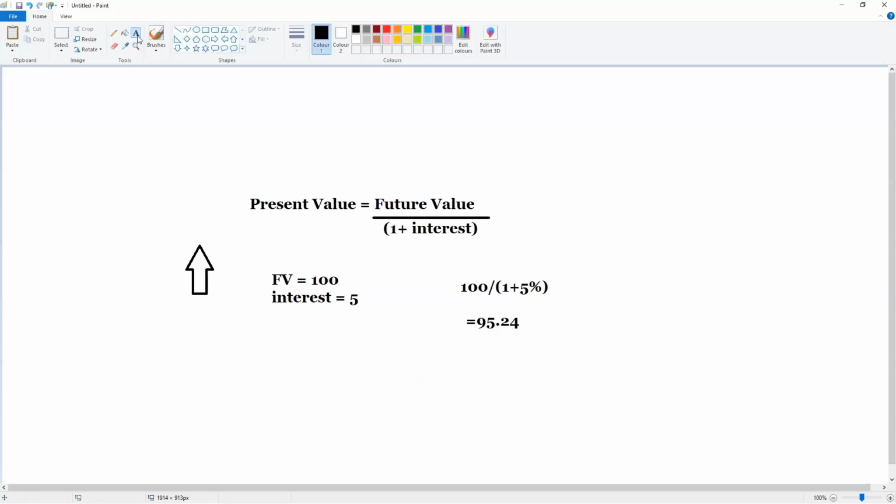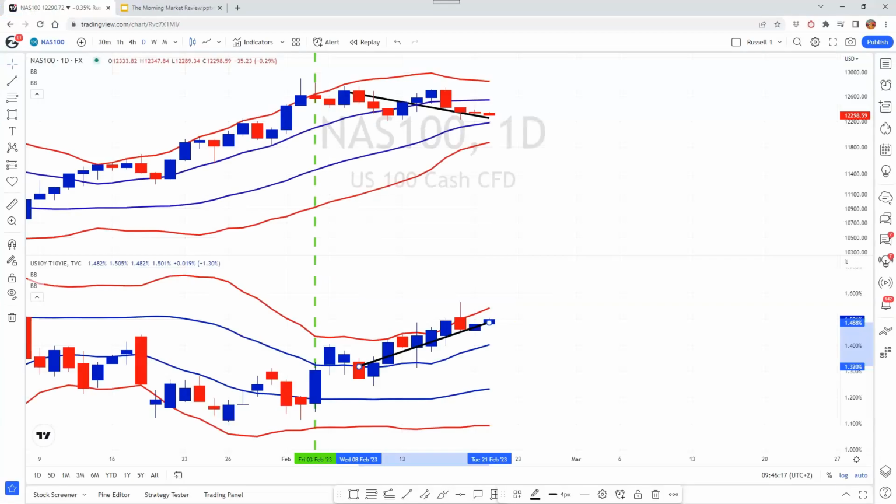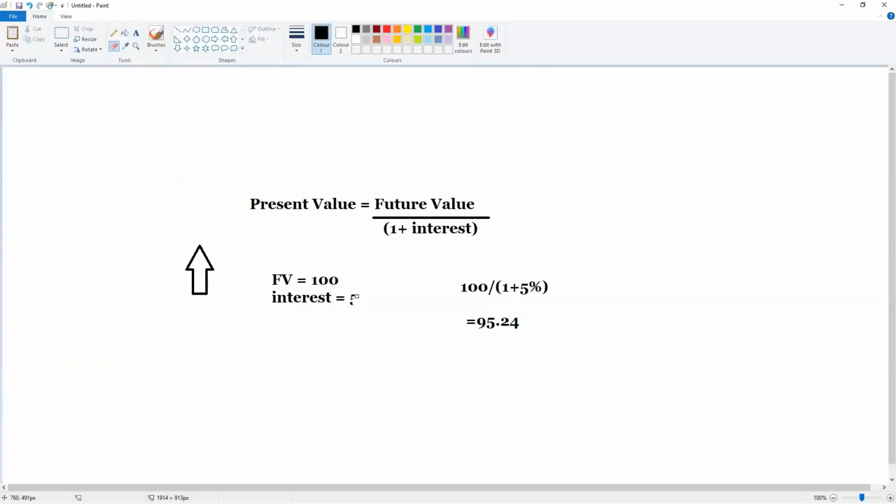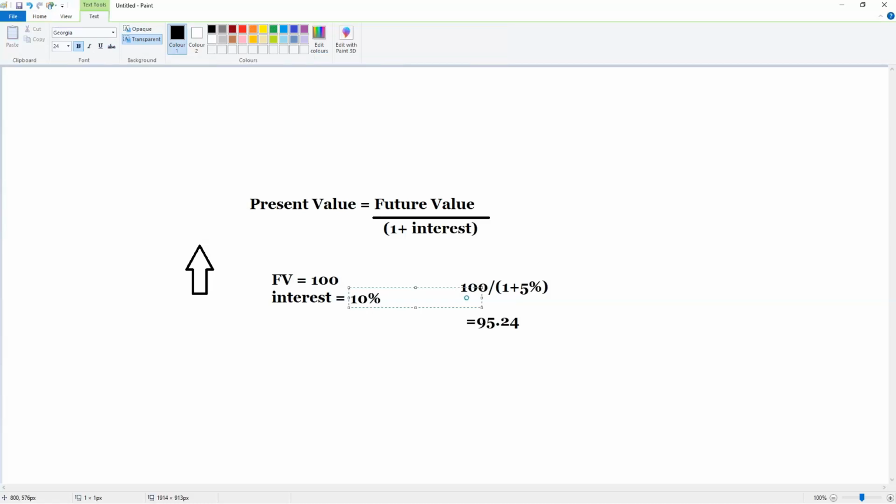What we're going to do now is we're going to say, but wait a second, interest rates are moving up. Interest rates are moving up. Okay, so if interest rates are moving up, we're going to change the interest from 5%. We're going to make it 10%. Okay, make it 10%.